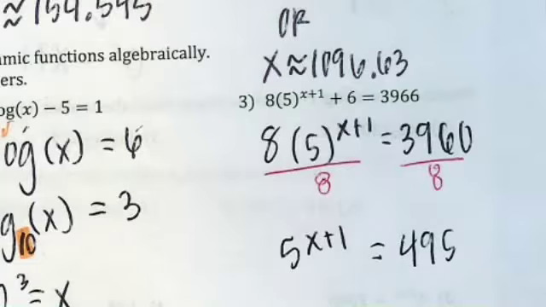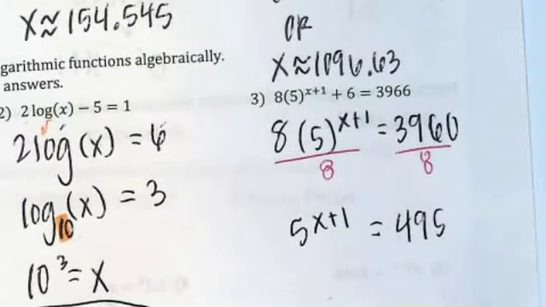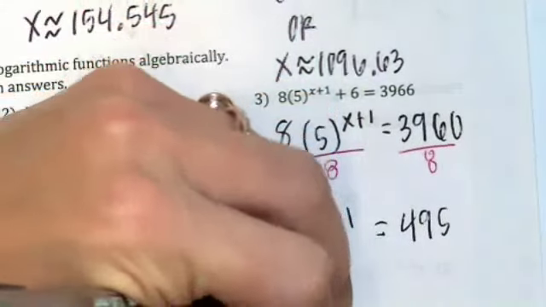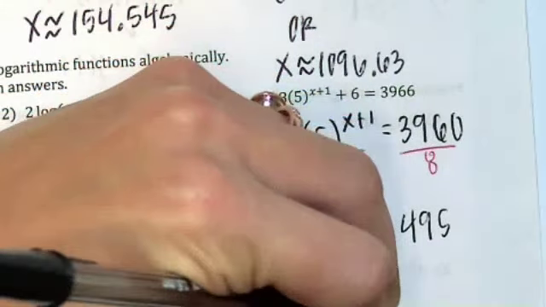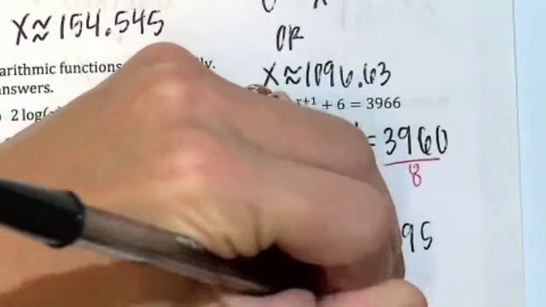At this point, I, again, can convert from exponential to logarithmic form because that x is stuck in the exponent. This logarithmic form would be log base 5 of 495 equals x plus 1.